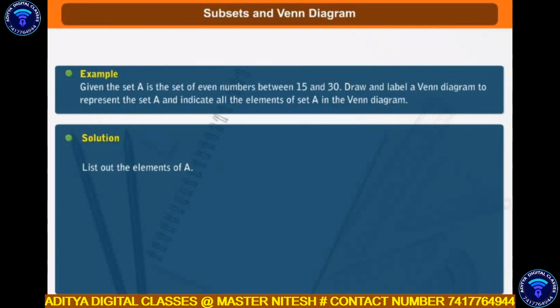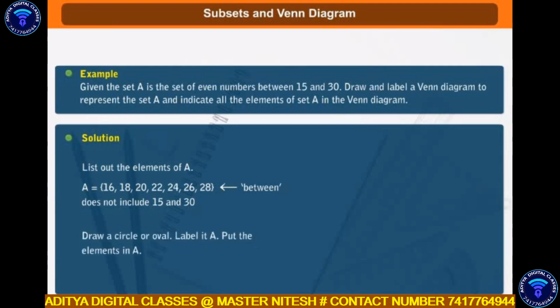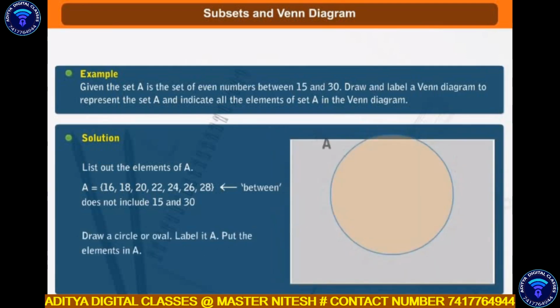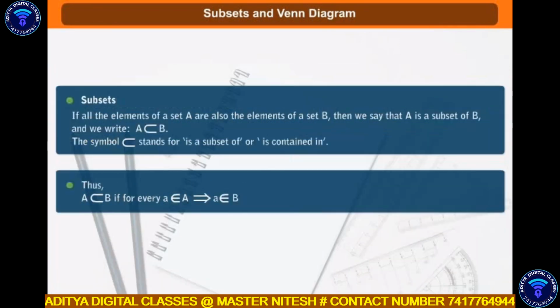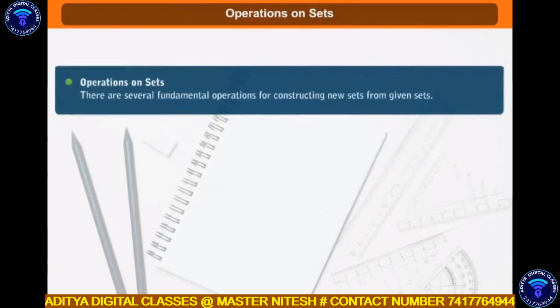List out the elements of A. A is equal to {16, 18, 20, 22, 24, 26, 28}. Notice that the set does not include 15 and 30. Draw a circle or oval. Label it A. Put the elements in A.